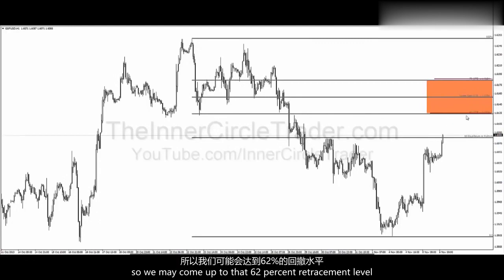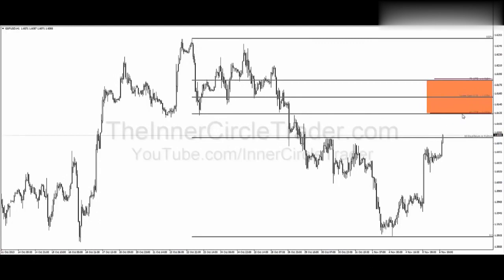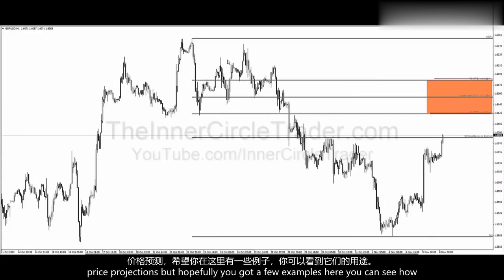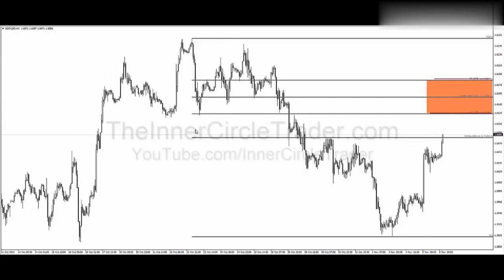So we may come up to that 62% retracement level around that 161.25 level or 161.30. So we could tap up into that. I'm kind of blending a couple things here with the Fibonacci price projections, but hopefully you got a few examples here. You can see how useful they are.